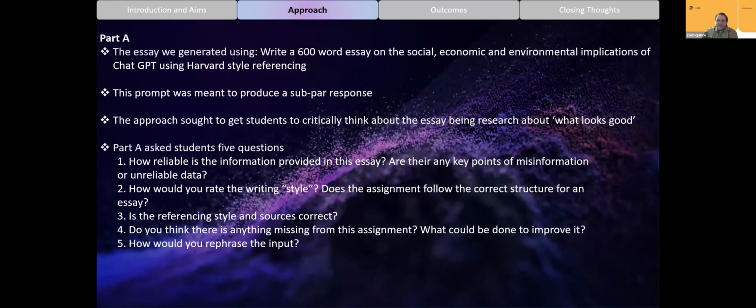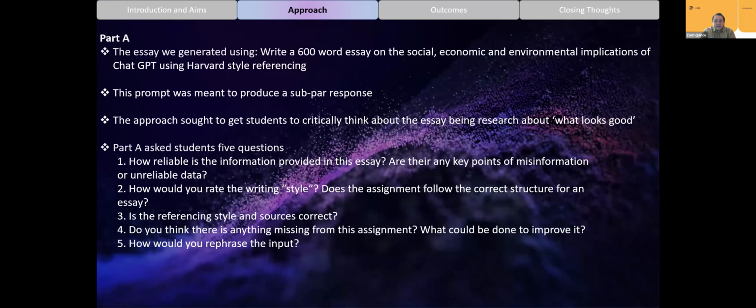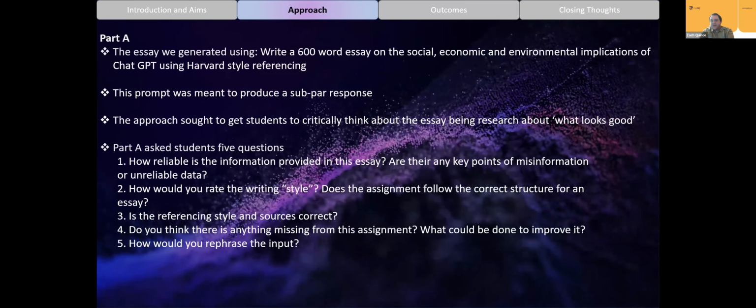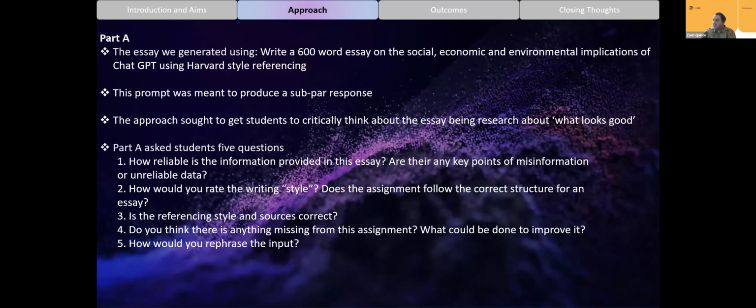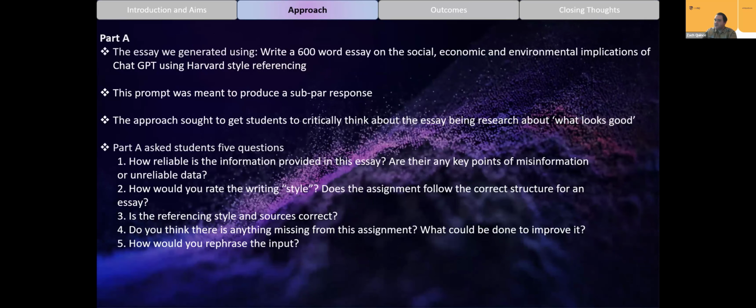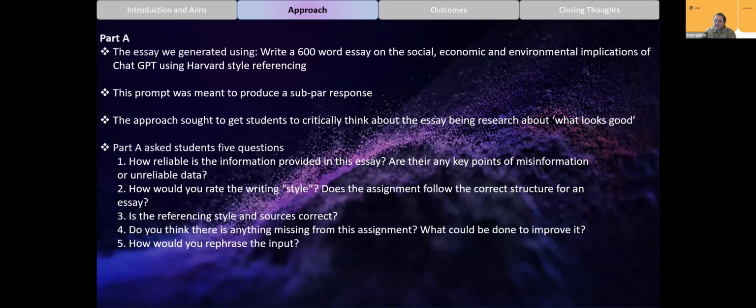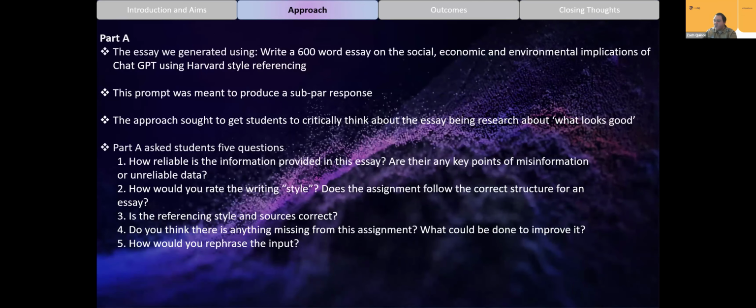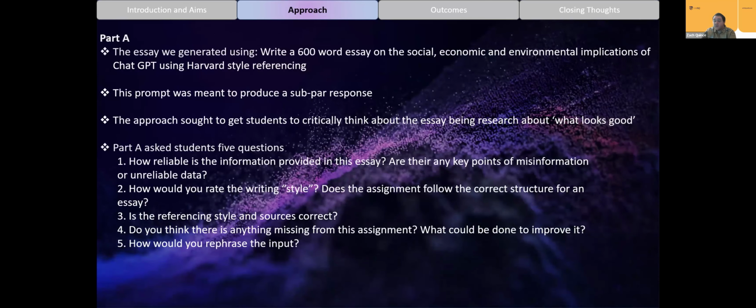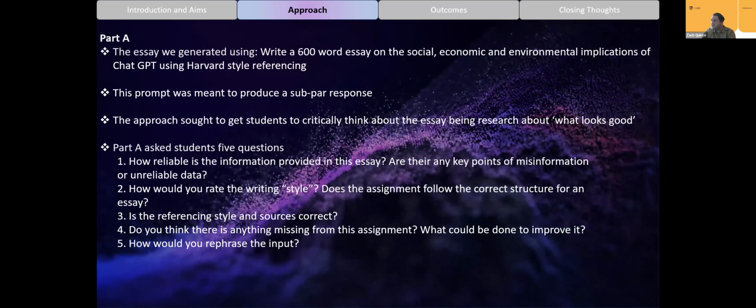To go a little bit more into depth on part A, the essay was actually generated using a very, very simple command prompt. It was used on ChatGPT 3. And the reason that it was used with such a simple prompt is because we wanted it, one, not to be perfect. We wanted it to have some flaws.